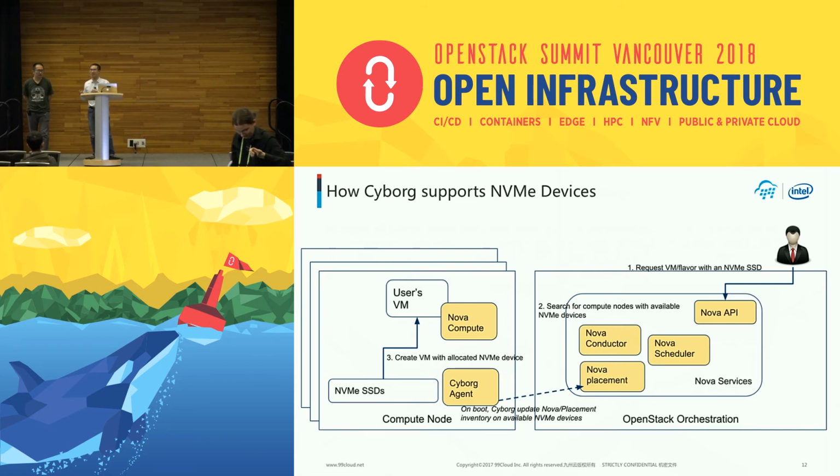So there is a new project here to give you a better way to manage all the devices, because those devices are actually not necessary when you put up a virtual machine or a bare metal. So if you already have a virtual machine or bare metal and you want to accelerate the performance, then you have a new project to help you manage those devices you would like to use. So Cyborg comes out and manages all those other devices, letting you conveniently use them.